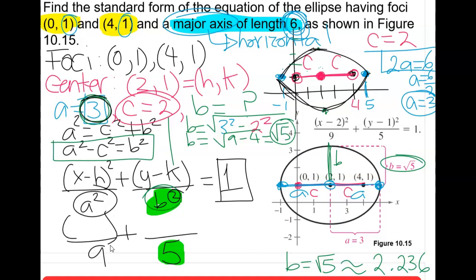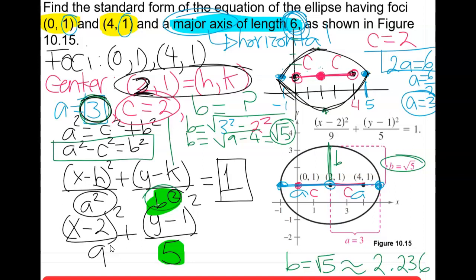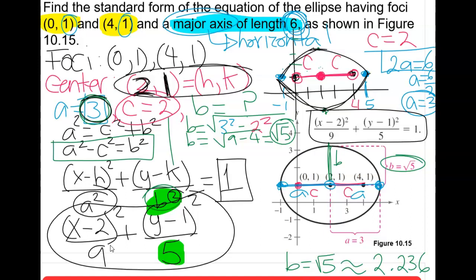And remember, we found them from the midpoint of the foci. So here's the h and k. It will be x minus 2, that comes from here, that's h. And then y minus 1, because that's the value for k. So here is our answer. That is the answer. You could also find it here. So yeah, we got it right.